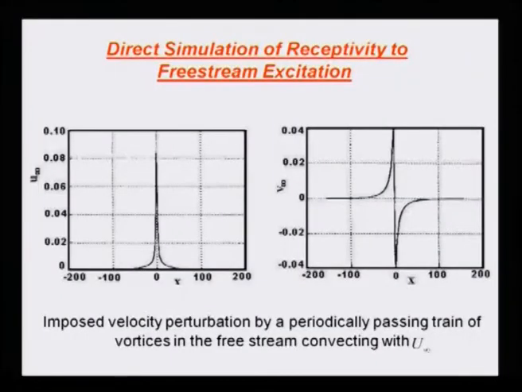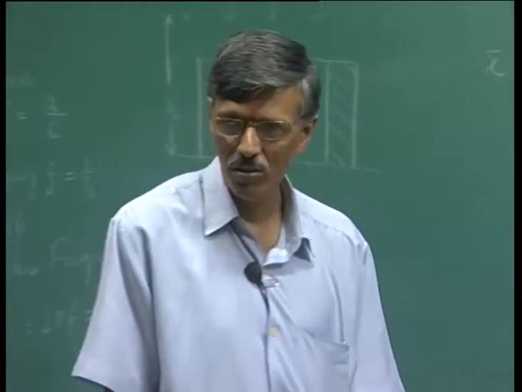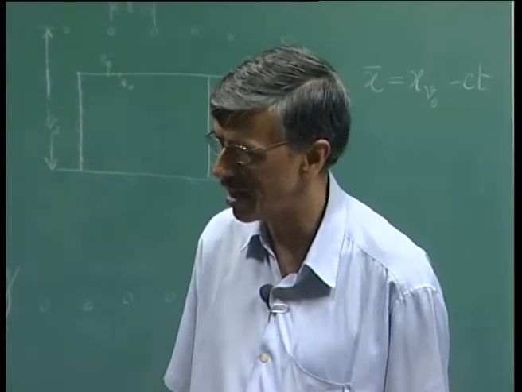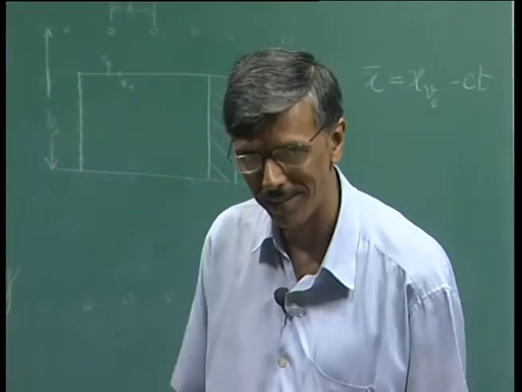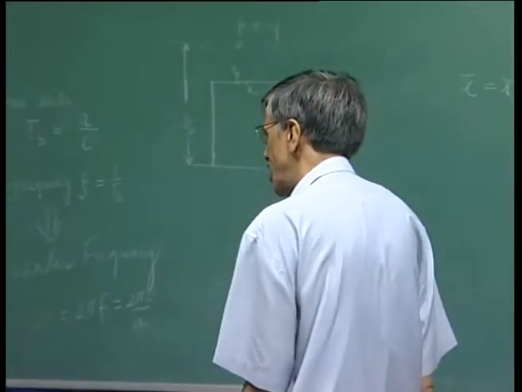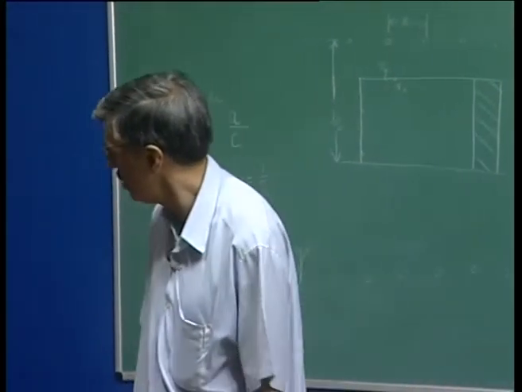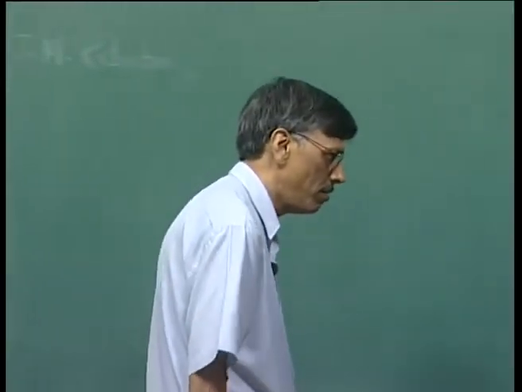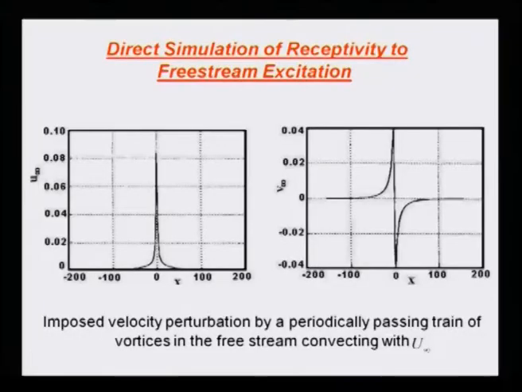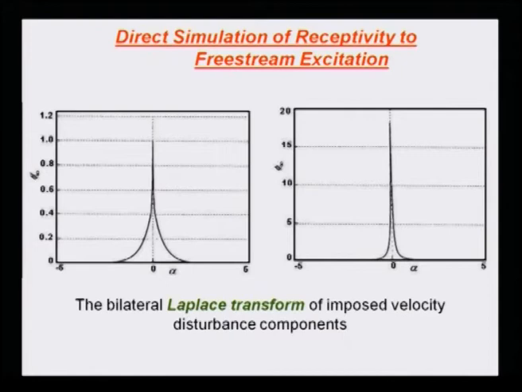So what will happen? Of course, when you are looking at the Fourier transform of this u infinity, you will find a wider band. So basically what is going to happen is that u infinity and v infinity will excite different kinds of length scales. And that we should be able to see if we obtain the Fourier transform. And that's what I am showing you.